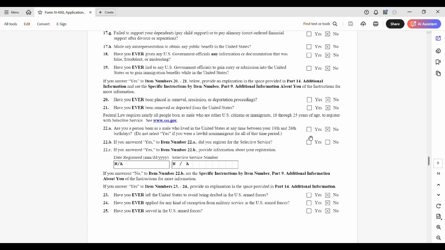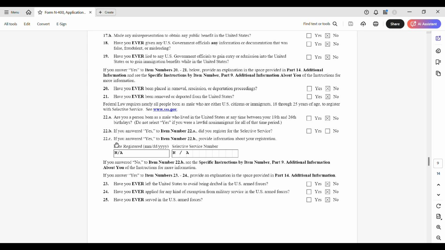So select what's applicable. If you answered yes to item number 22A, did you register for the Selective Service? So since we answered no to 22A, then we are not going to provide a response to this.